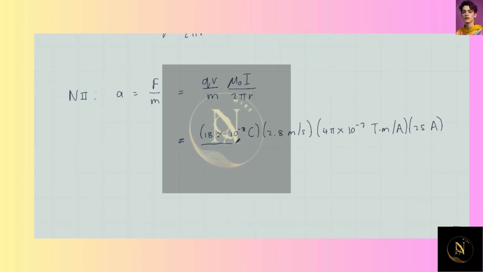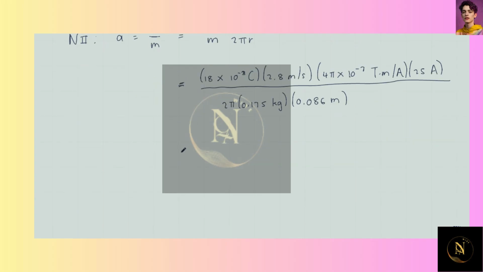And all of this divided by, firstly, the mass of the model airplane, which is 0.175 kg, times 2 pi times the distance that the plane flies to the wire of 0.086, and that's in meters.